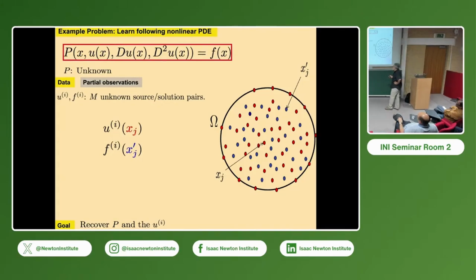So for instance, we may be observing these solution terms at those red points and these source terms at those blue points. In practice, you can replace the pointwise observations of your solutions by tomographic measurements, so integrals along lines. Anything that is linear in the u_i's is going to work for the framework that I'm going to describe.